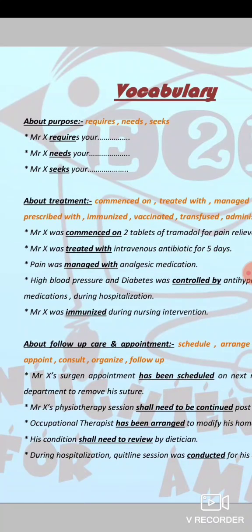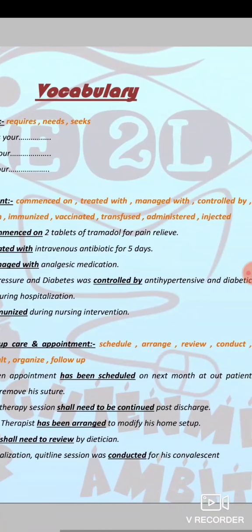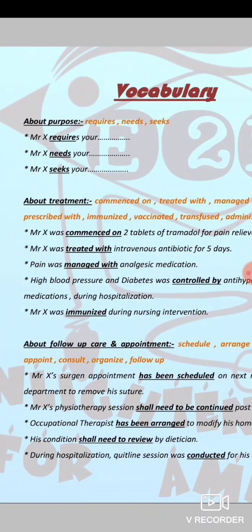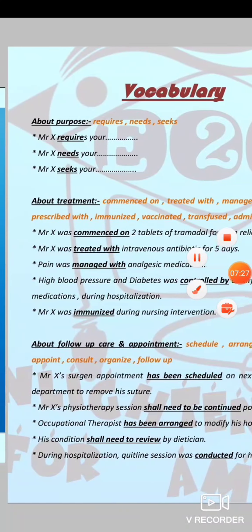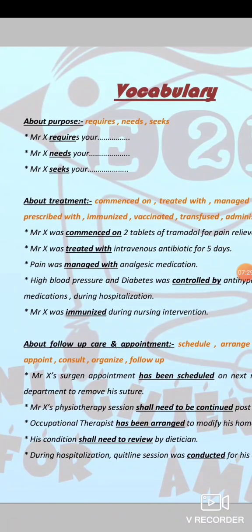Sorry for the mistake, here it was written as 'was controlled'. It is not 'was controlled', it is 'were controlled by'. Alright, so we'll start again: high blood pressure and diabetes were controlled by antihypertensive and diabetic medication during hospitalization. So this is the third word we learned.